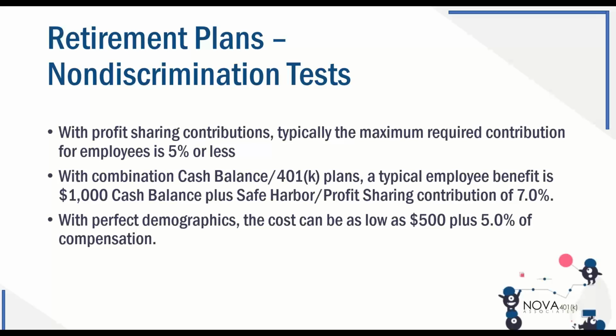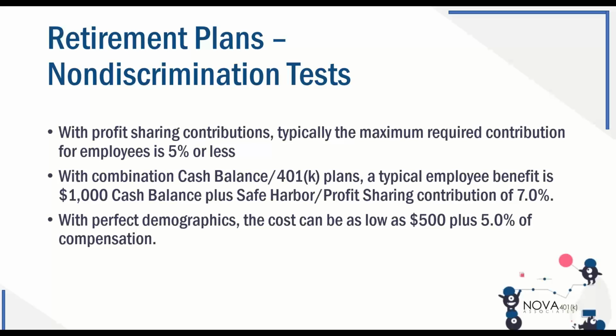With a combo plan where you have a cash balance and a DC plan, a common typical benefit is $1,000 cash balance plus a DC safe harbor profit sharing contribution of 7.5%. With really good demographics, that cost can be quite a bit lower for your staff. It really depends on demographics.